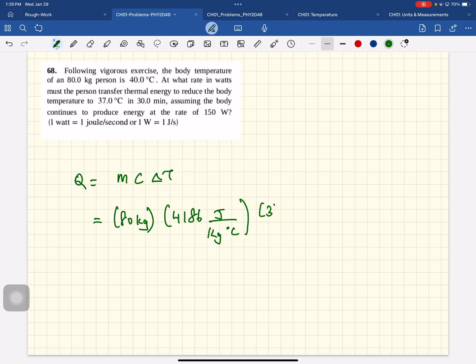And you want to reduce your body temperature by 3 degrees Celsius. Okay, so this is how much heat you have to get rid of. Essentially 1,000,000 joules.